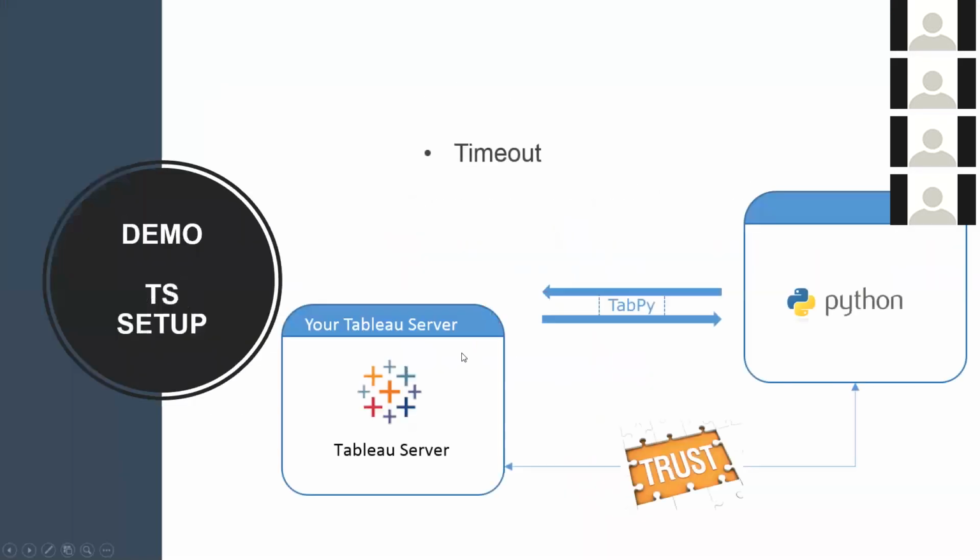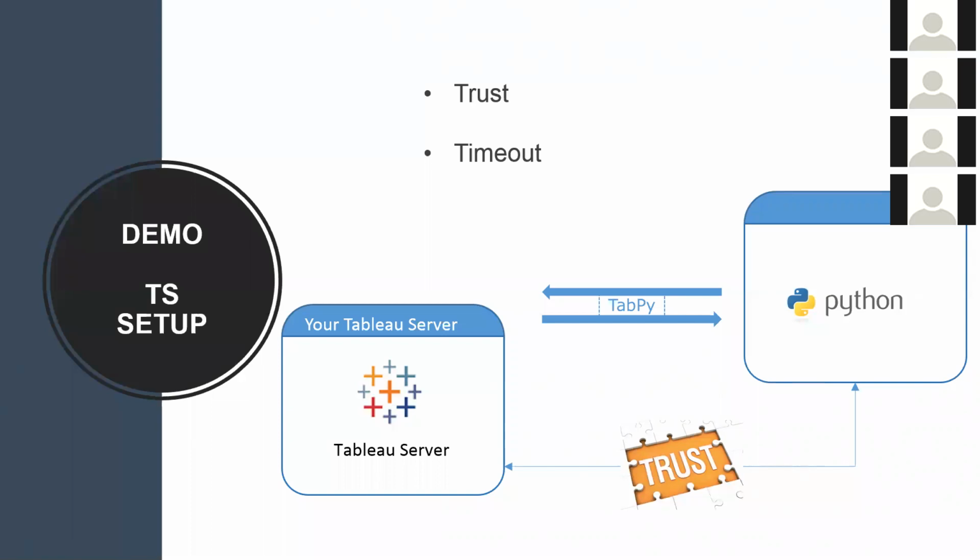And then this demo has to do with the Tableau server setup, where basically there needs to be this trust over here between your Tableau server and Python of some whitelisting.